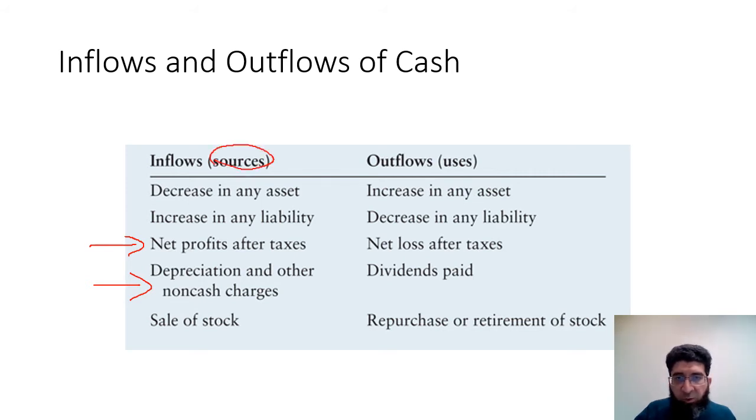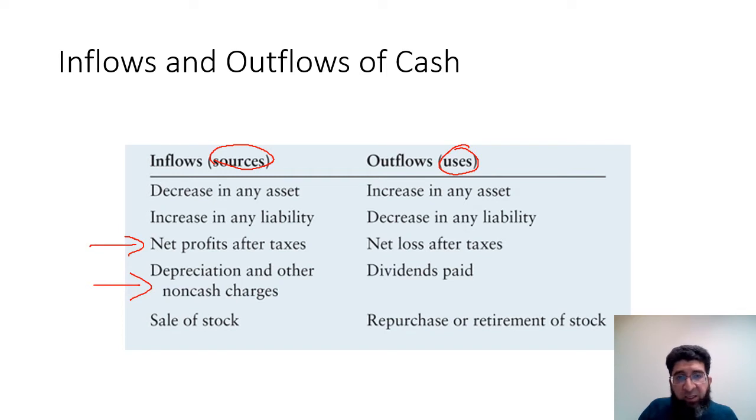These inflows are from sources and outflows are also called uses of funds. So sources means we receive money. So inflow: whenever an asset decreases, it means the asset has been sold and the money came back to the firm. In return, they get the money.